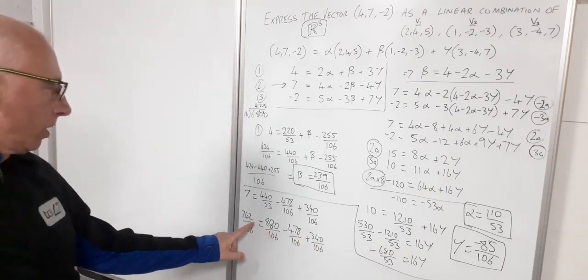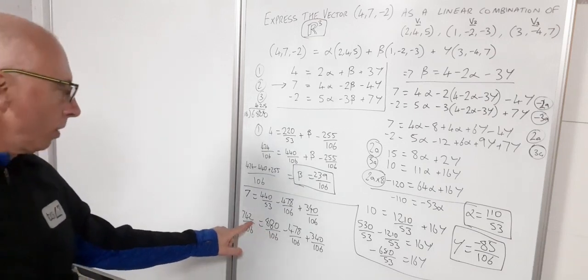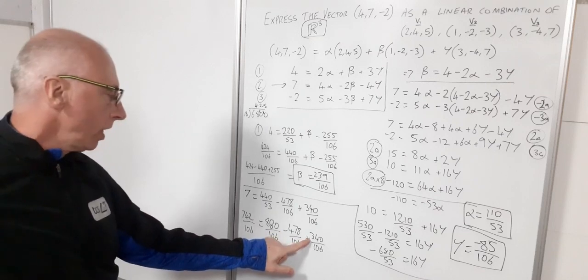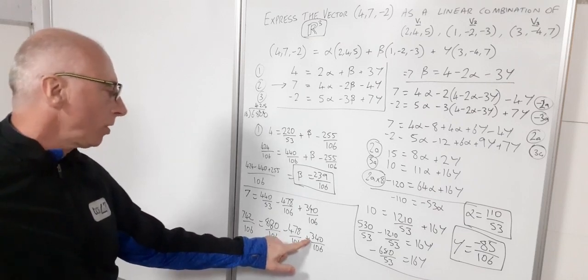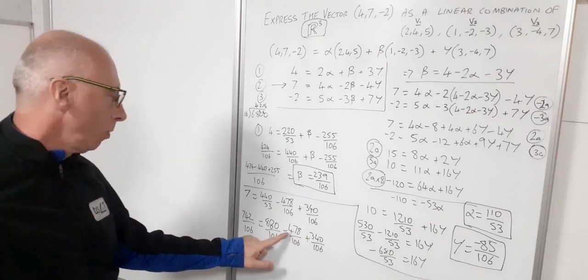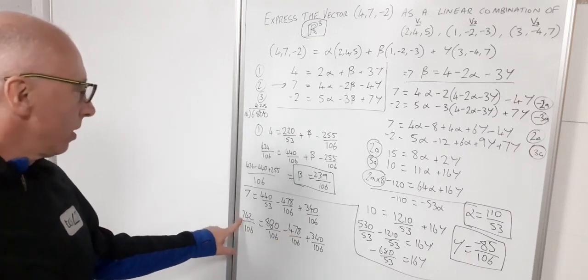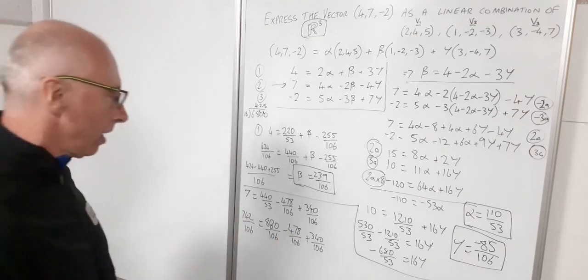Can we get 742 out of this? 880 plus 340 is 1,220. 1,220 minus 478 gives me 742, and that is tested.